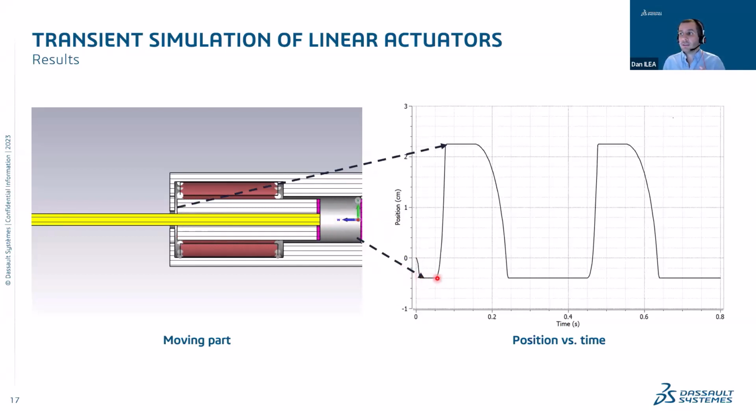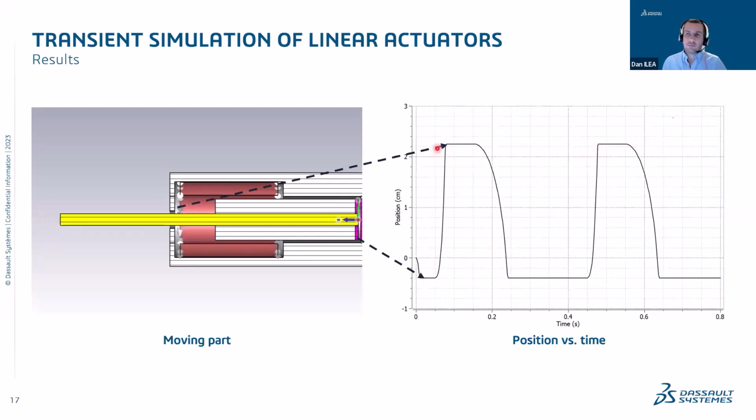And from here, then it starts to go into the other direction, all the way up to here when it reaches the end of its movement. Then it stays there while we have the peak current in our winding, and then it starts moving back up and stays at the end position again until we go into the next cycle and we switch again the current in the coil, and we redo the cycle once again.